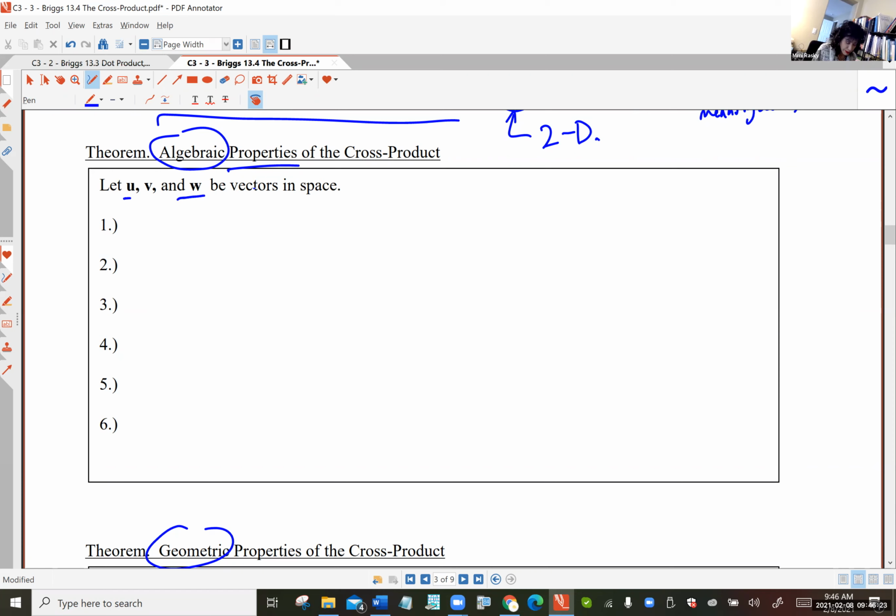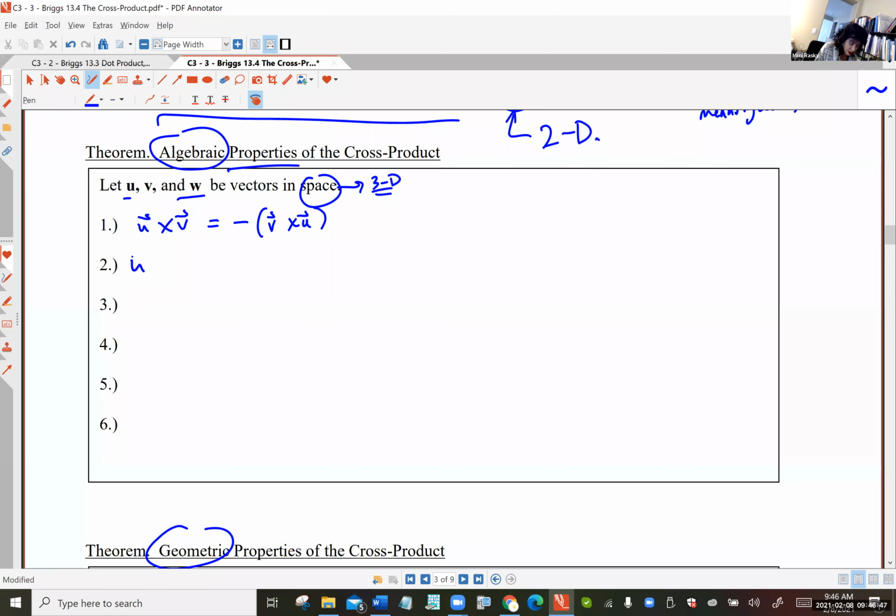Okay, U, V, and W are vectors in space. What does space mean? 3D. So then U cross V will always be the opposite of V cross U. We saw that in a previous example, because when we did the reverse order, we got the opposite sign. So that's always true.